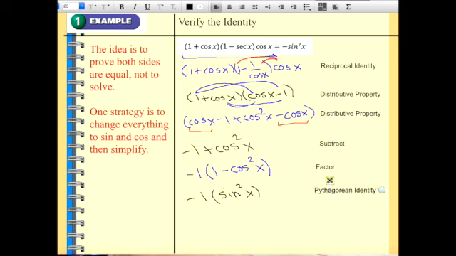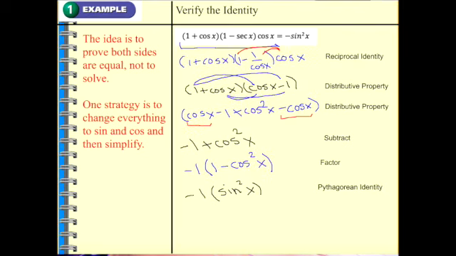Very nice. Our final step is just to multiply negative 1 times sine squared, and I'll get negative sine squared. And that's just multiplication for my justification.